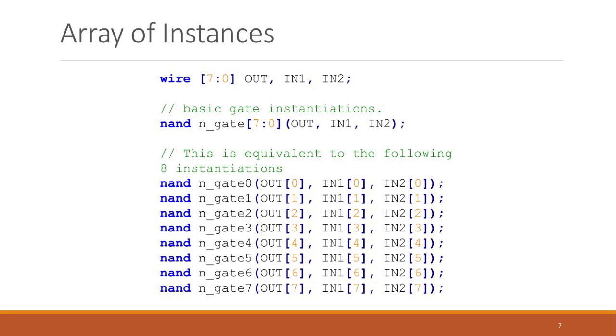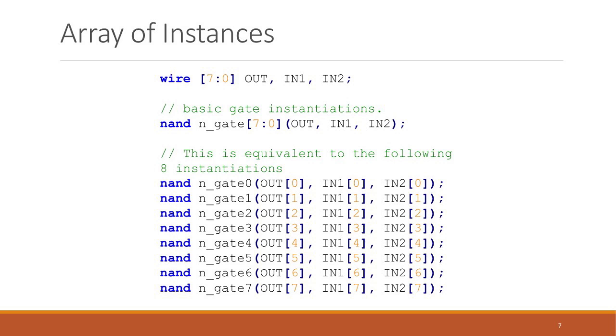And then you need to specify the size of the gate array. We have specified it as 7 to 0, so that 8 gates indexed from 0 to 7 are instantiated. We then connect the multiple bit wires to the gate array, so that respective bits of each of these multiple bit wires are connected to the respective gates.